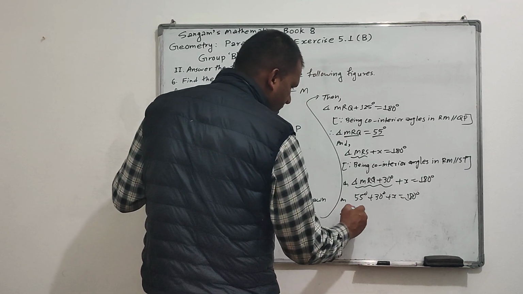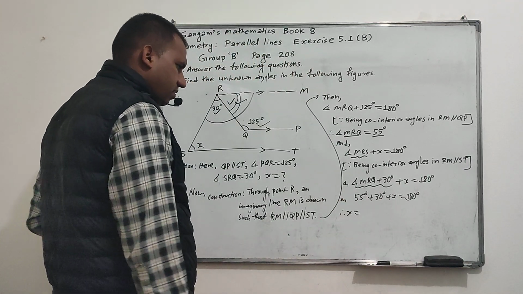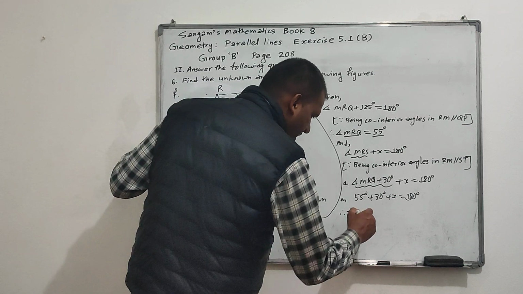Therefore, X equal to 180 minus 55 minus 30, that is 95 degree.